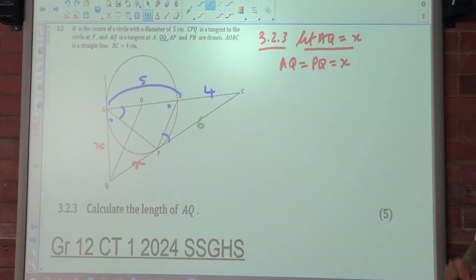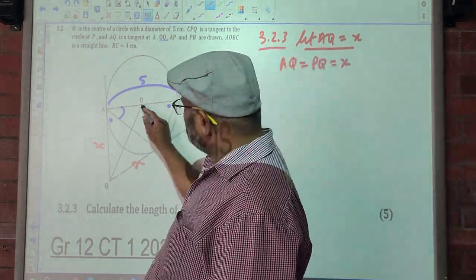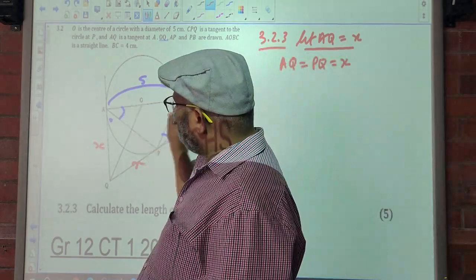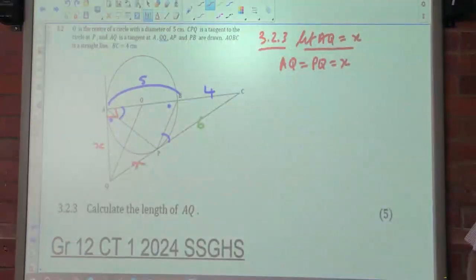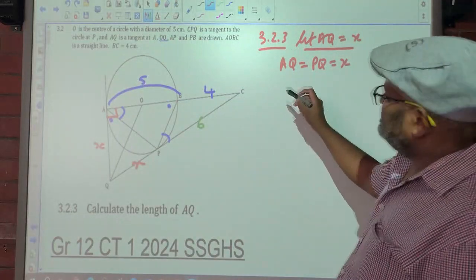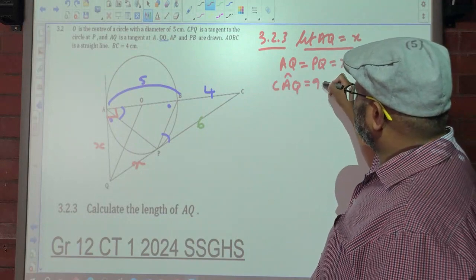Not so? So what do we see now? We know this is your radius or diameter and tangent, so that has to be 90 degrees. So CAQ is equal to 90 degrees. Why?